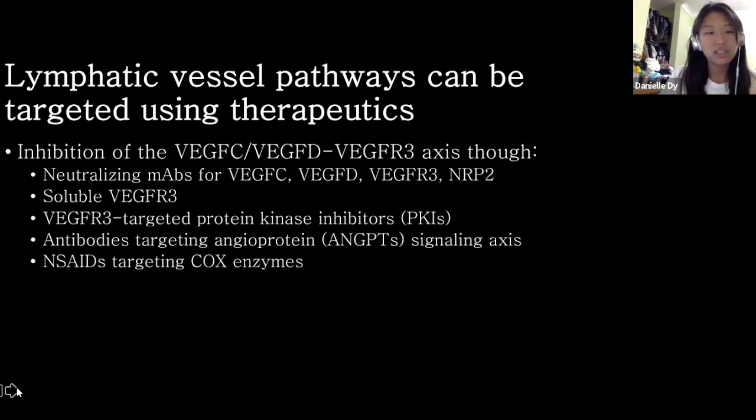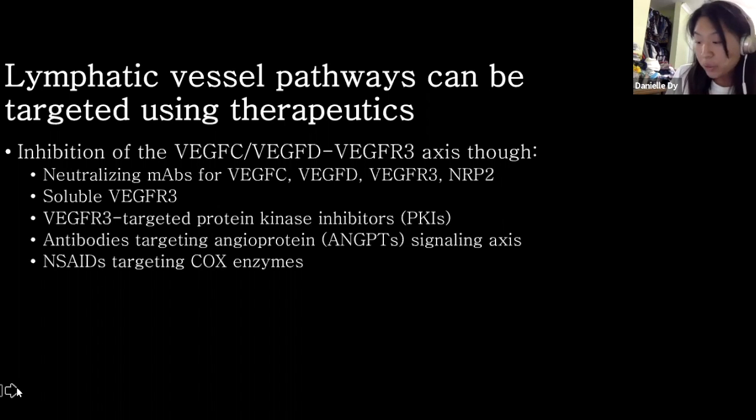We talked about this a little bit earlier, where they can implement neutralizing monoclonal antibodies that will target either the ligands VEGF-C or VEGF-D, as well as the receptor VEGFR3 or NRP2, which is a co-receptor of the VEGFR3 receptor. Again, we talked about soluble VEGFR3, which will essentially prevent the binding domains and the functionality of that signaling axis.